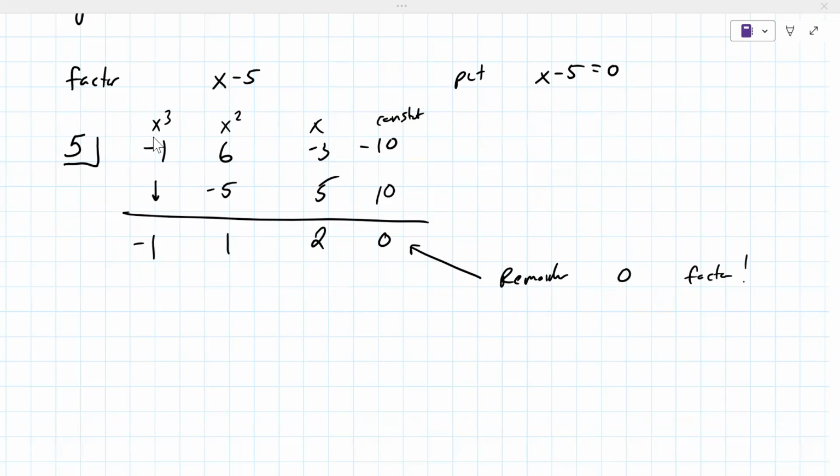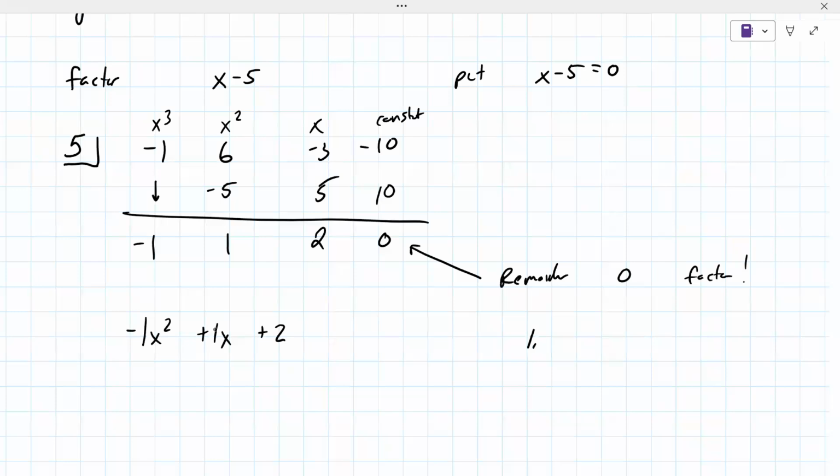It goes down by a degree, so it's no longer x cubed. It's now an x squared. Oh, and then plus 1x. Okay. Plus 2. Good. Okay. So you ignore that. The remainder is not important.